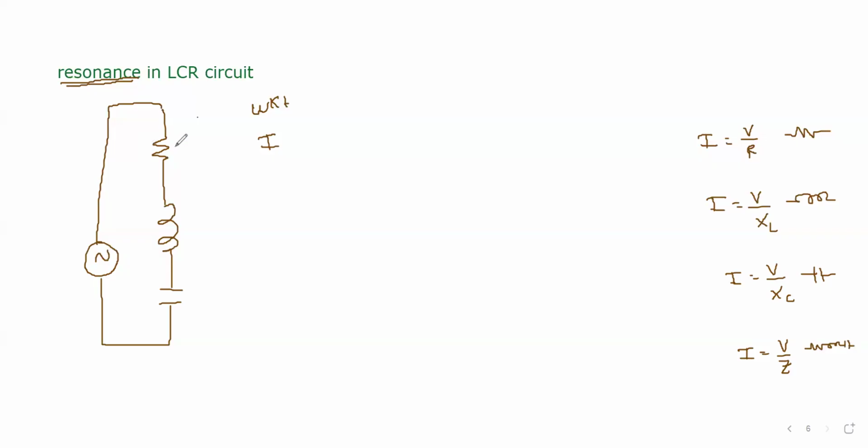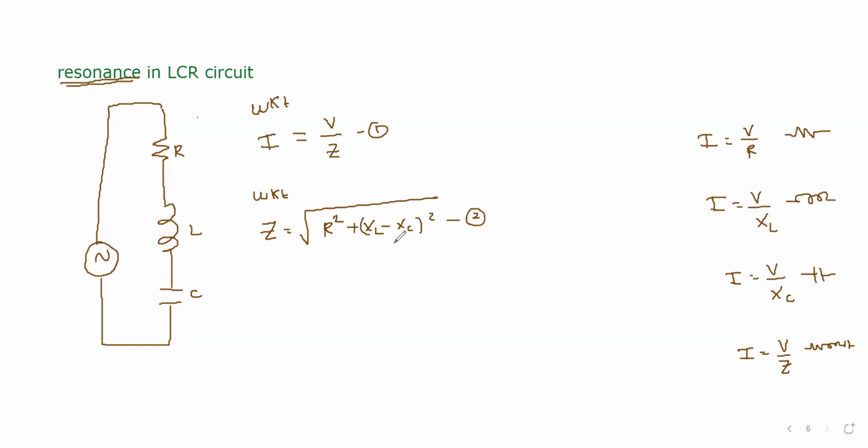So இங்க resistor இருக்கு, inductor இருக்கு, capacitor இருக்கு. Then what is I? I is equal to V by Z. Equation 1. We know that from the previous pages. Z கண்டுபிடிச்சோம். Z is root of R square plus XL minus XC the whole square. This is the value. Equation number 2.